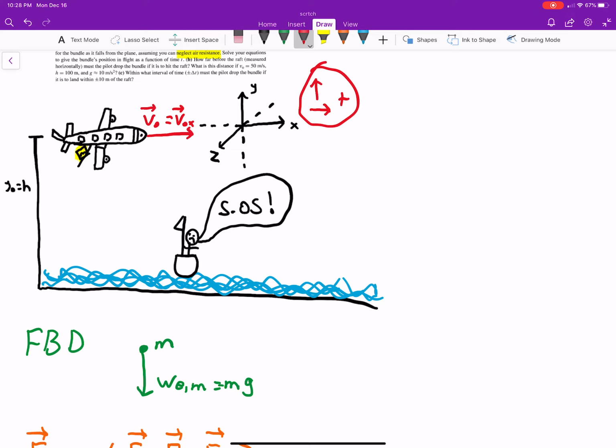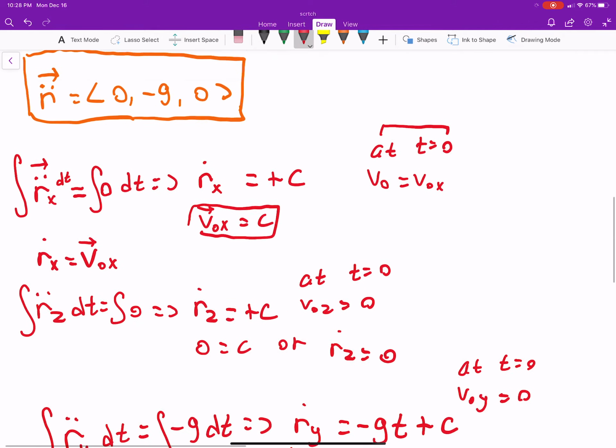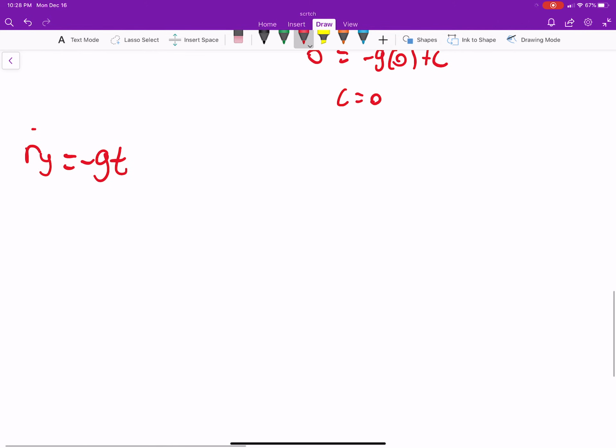So for that reason, we say the only initial velocity, when we look at v naught, that's the time where we start actually measuring our experiment. So we know right when we start measuring at time equals 0, all the velocity is in the x direction, because that was what was given in the question. So hopefully you guys are okay with that.